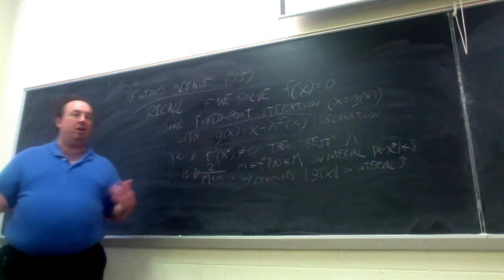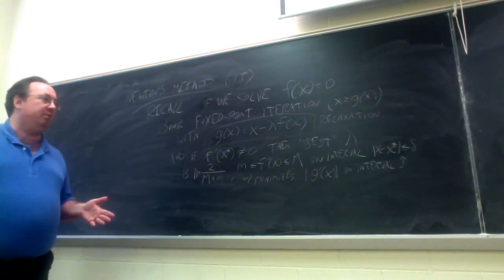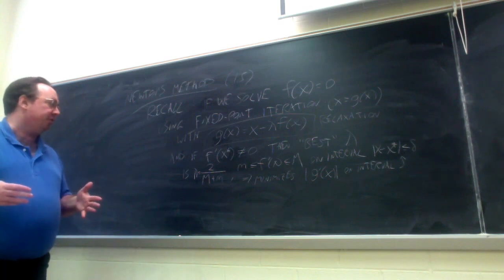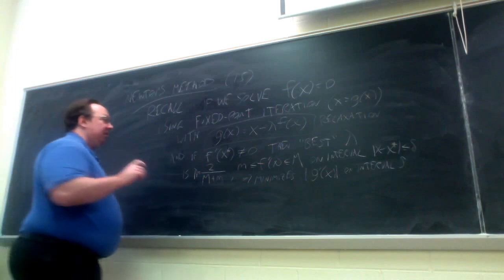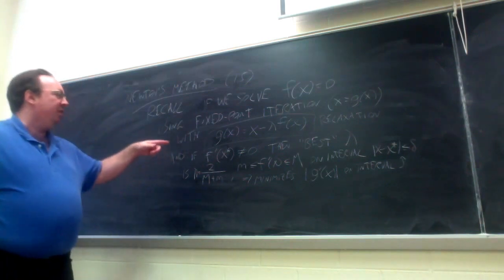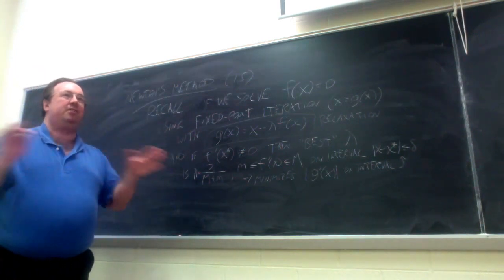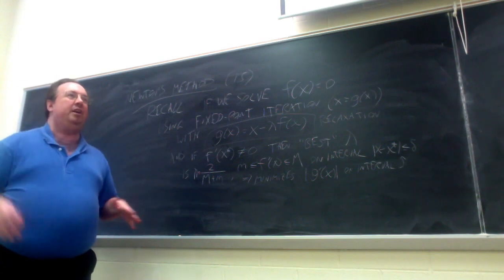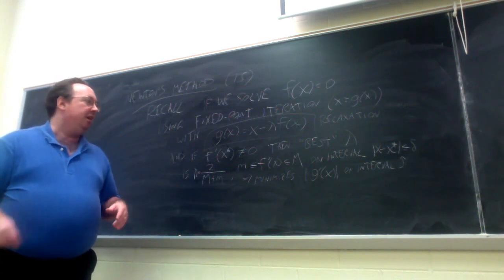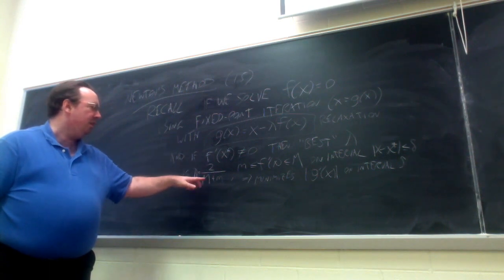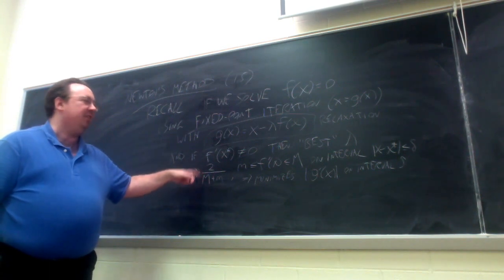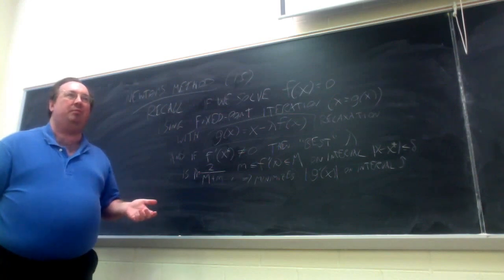Because the smaller g prime is near the root, the faster convergence is going to be. So now the thing is, in this case, we're choosing lambda to be some fixed constant, and we use that constant all the way through the iteration. But since this is like 1 over, you kind of think of this being like roughly 1 over f prime.